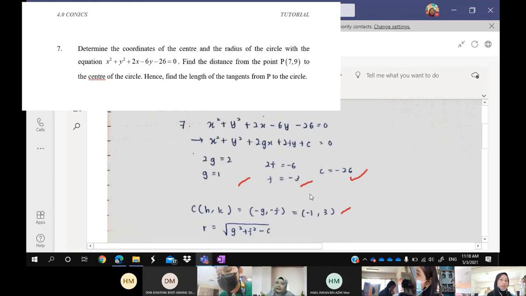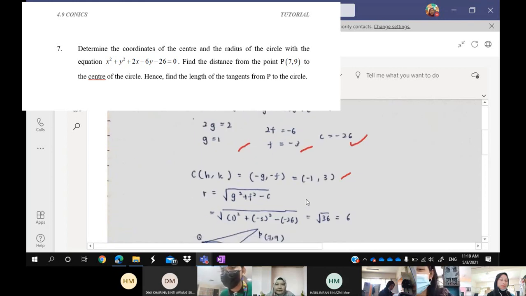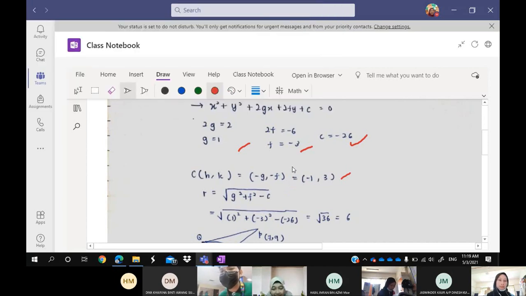Before finding the radius, we have to find the center, the coordinates, first. So just substitute g and f into negative g and negative f.